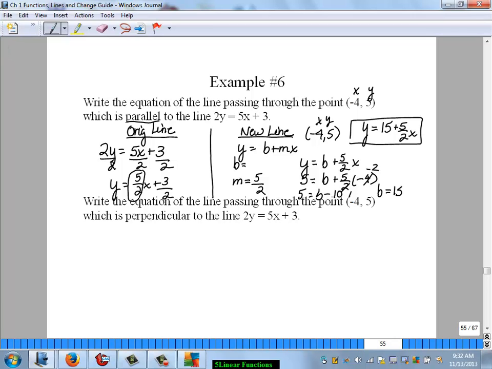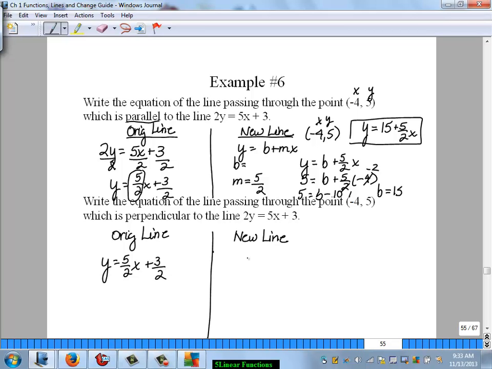Okay. Write a line perpendicular. So here we go. We can do the same thing. Set it up: original line, new line. Again, I have the same original line, so let's just write it already solved because it's the same one we just did.